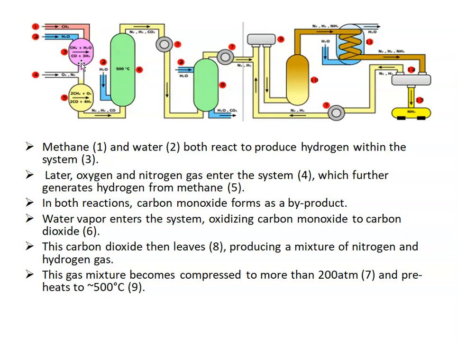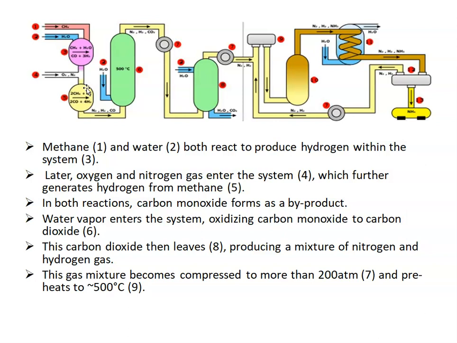Then oxygen and nitrogen gas will enter the system. Now just look at the fourth point, oxygen and nitrogen, which further generate hydrogen from the methane, right? So in both these reactions, what is the product? Carbon monoxide.